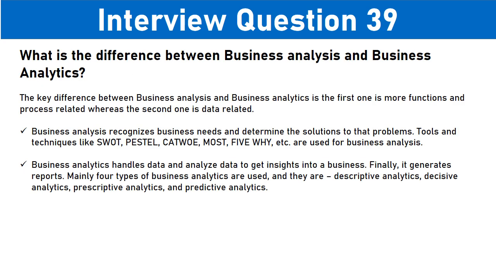Interview question 39. What is the difference between business analysis and business analytics? The key difference between business analysis and business analytics is that the first one is more function and process related, whereas the second one is data related. Business analysis recognizes business needs and determines the solutions to those problems.